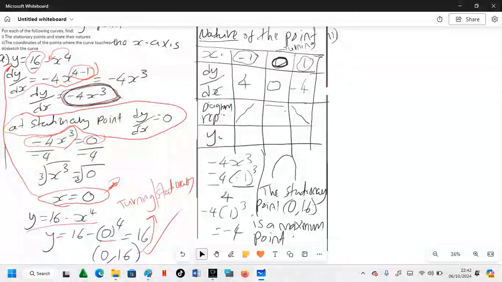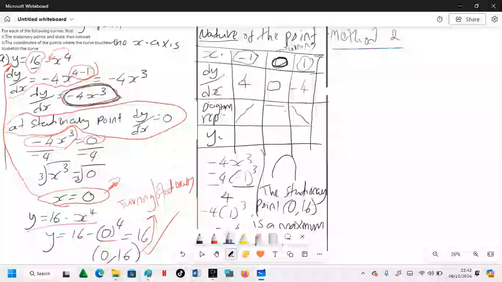Now, before we go to the last part of it, there is a second method that we've also discussed in our previous lesson for finding the nature of the stationary point. It's called method 2, where we said you get the second derivative of the function.